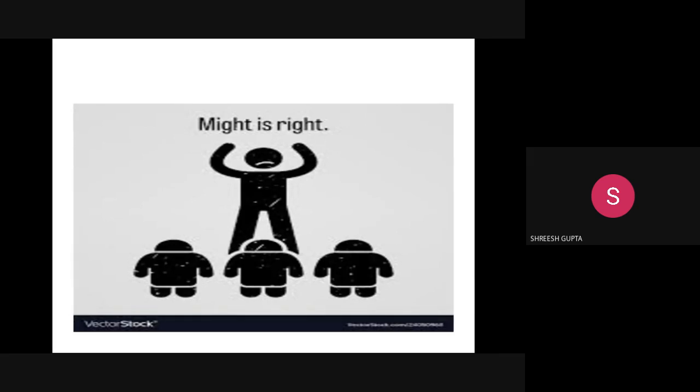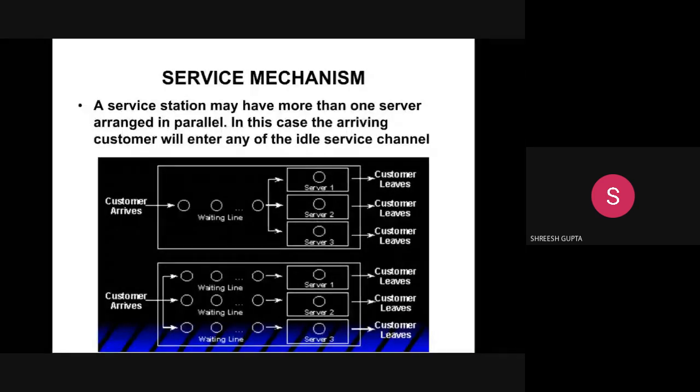In the service discipline, the server decides to take the customer from the queue, but in this, the customer decides you have to give the service to me at gunpoint. So that's why it doesn't belong to the queue discipline or the service discipline. Clear? But it is a practical situation.